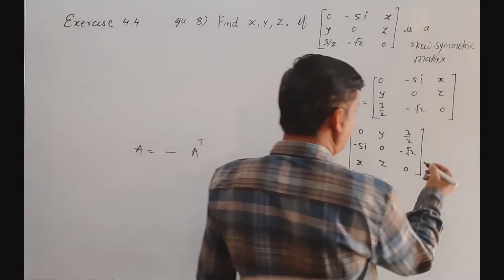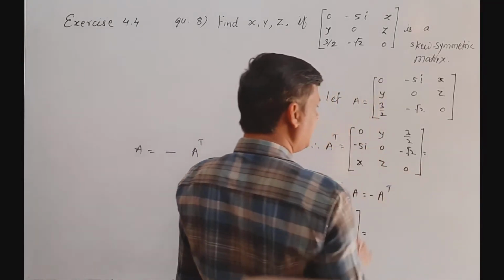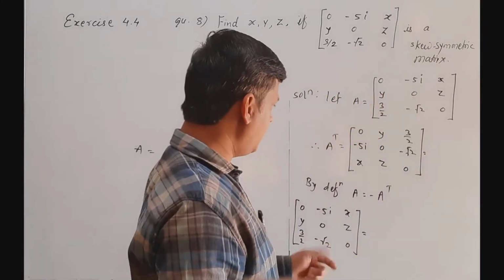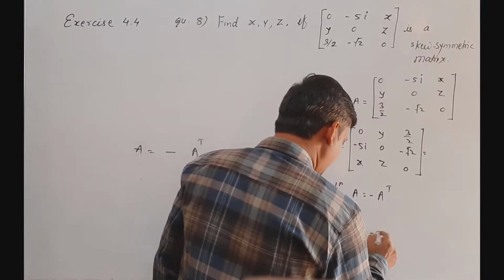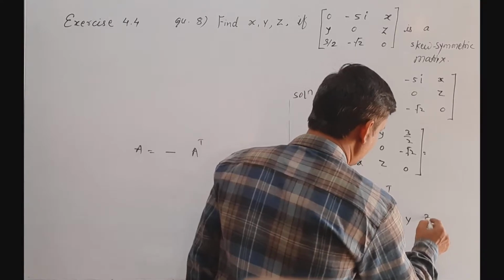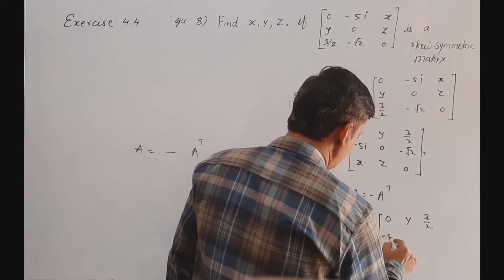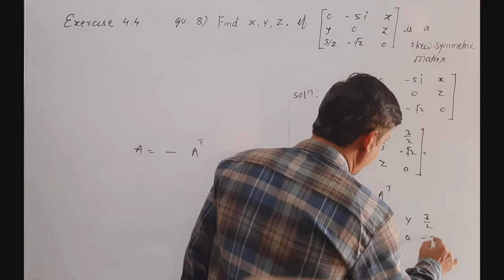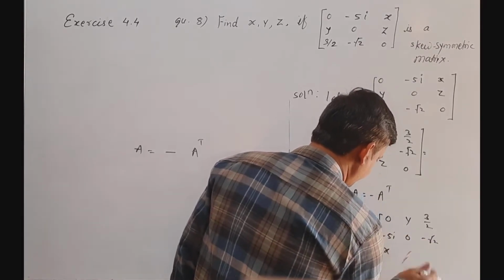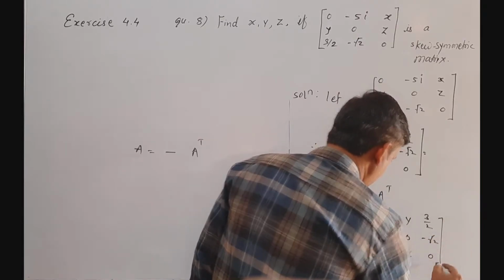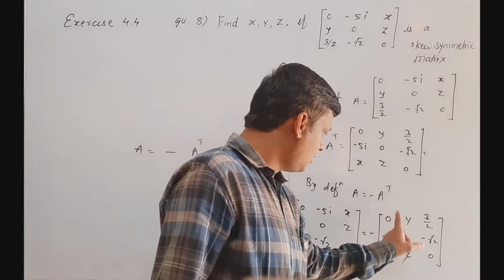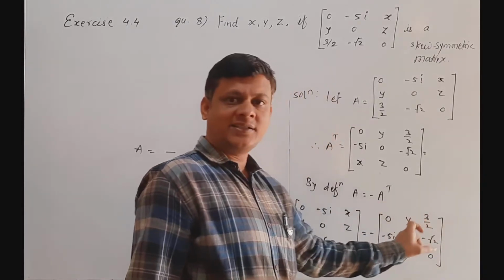So you can write here, by taking the minus sign common, minus in bracket A transpose, with values 0, y, 3 by 2 in the first row, minus 5y, 0, minus root 2, then x, z, 0. Now we multiply by the minus sign, that means by minus 1, to each element of this right hand side matrix.